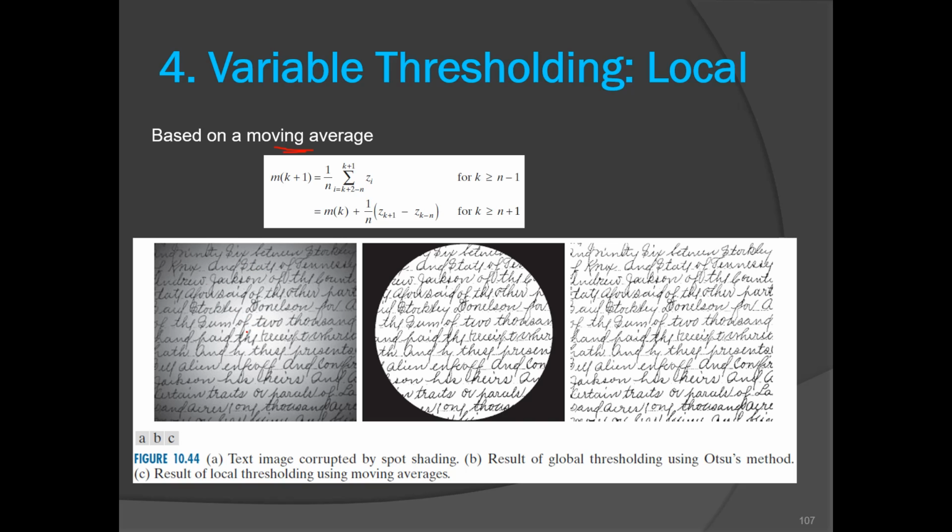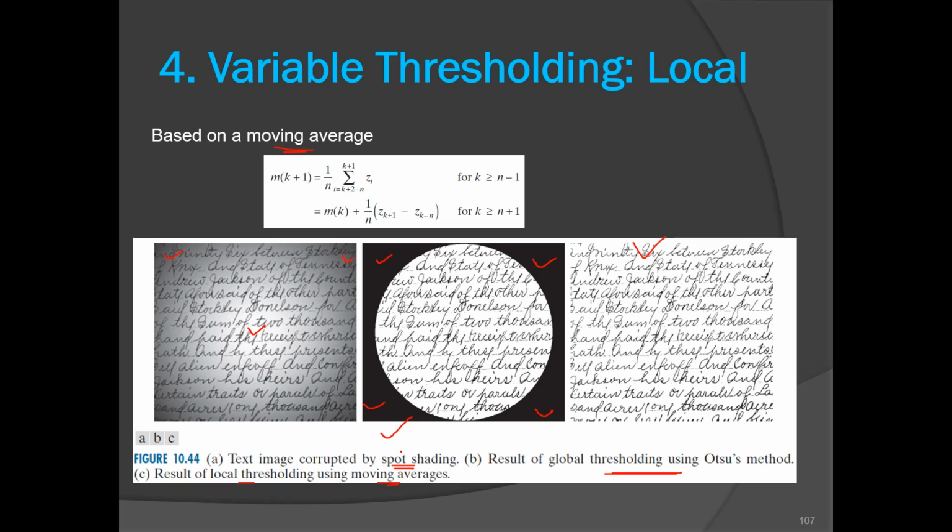As you can see, we have a brighter region in the center and darker in the corners. This image is with spot shading, and this is the result obtained using the Otsu method. As you can see, the information in this part is lost. And this is the result obtained using local thresholding with moving average.